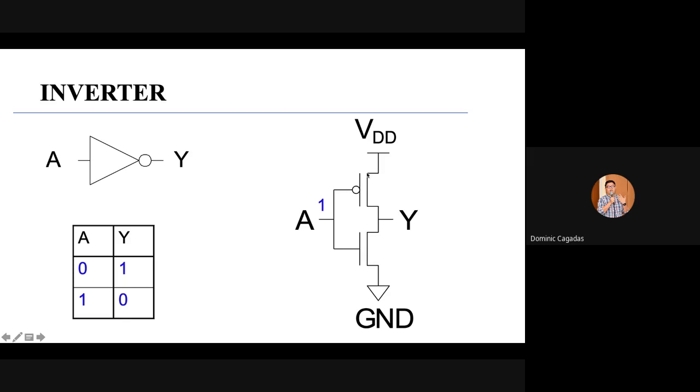Since your PMOS is connected to your VDD, your output Y is high, 1. Whereas if your input is 1, your PMOS is turned off and your NMOS is turned on. Since we don't have any connection from our VDD, which is our supply, then our output Y is 0. So the inverter basically inverts the input.